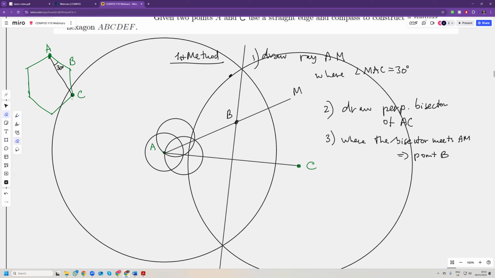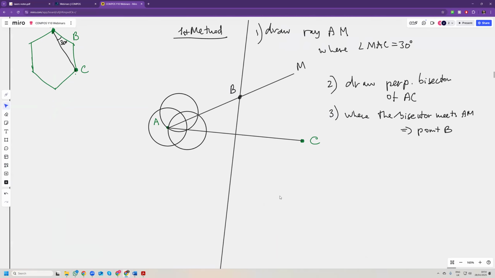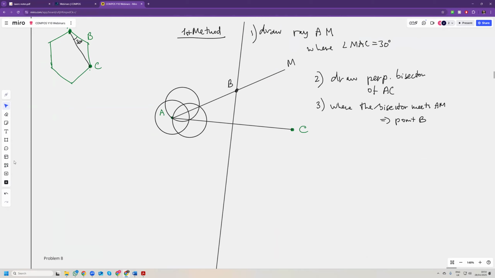We can delete the circles. They're really annoying. Okay, so now we have BC.